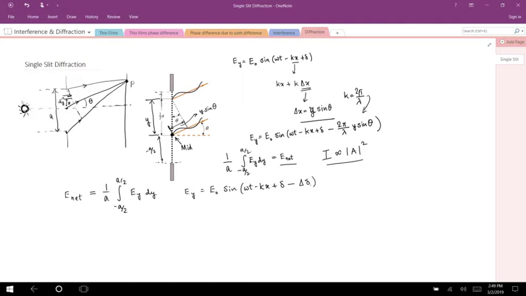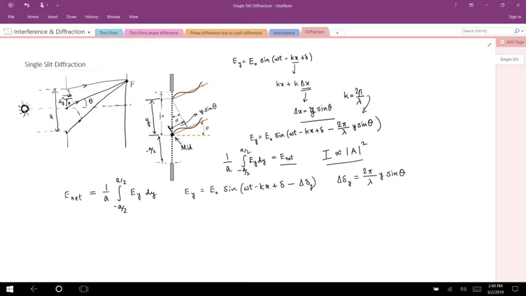And this delta delta, of course, is a function of y, so I'm going to indicate that as delta delta of y. That quantity is just 2 pi over lambda times y sine theta.